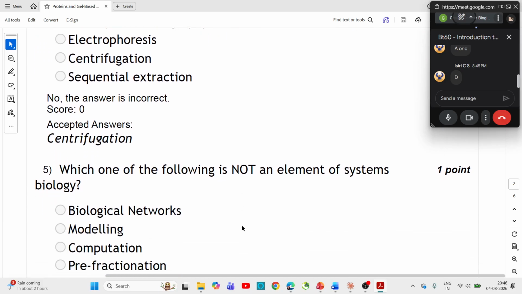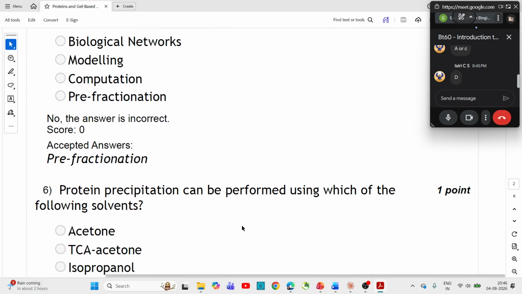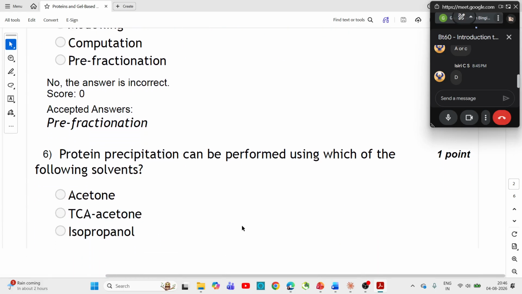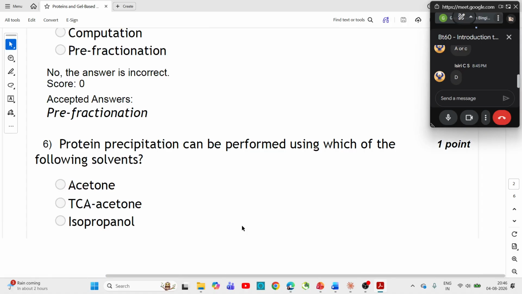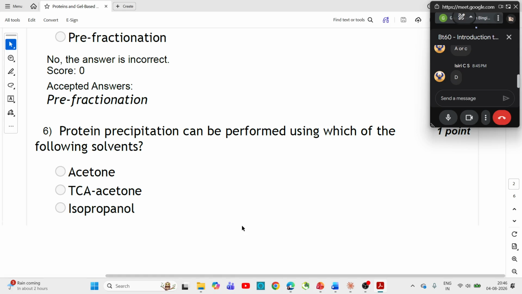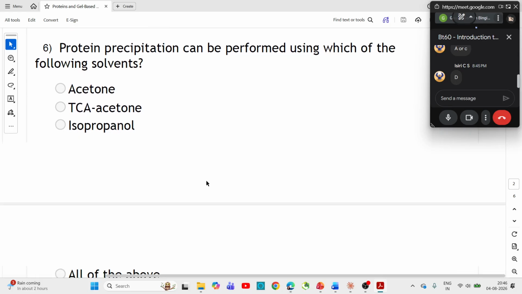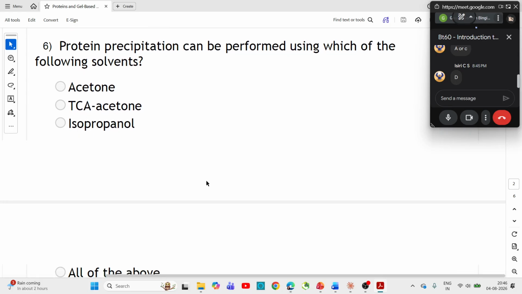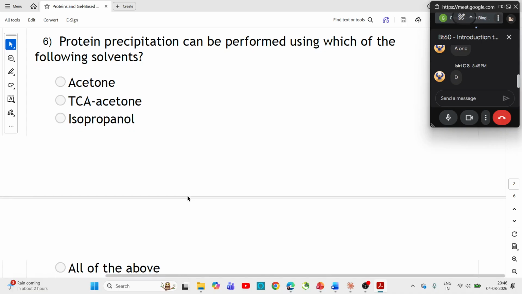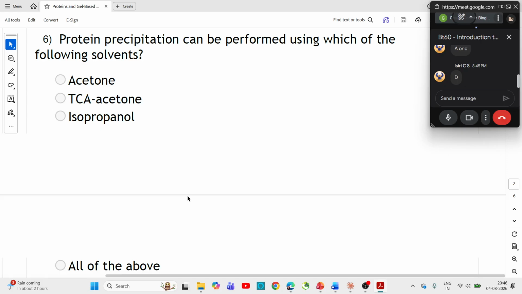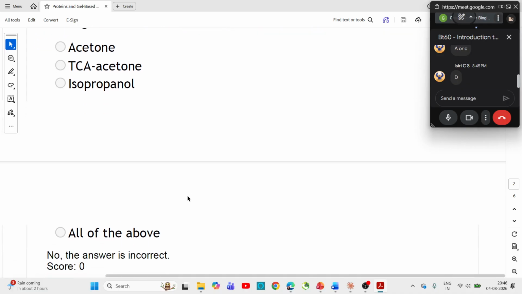We haven't done systems biology in this lecture, so I can skip that. Protein precipitation can be performed using which of the following solvents, or all of the above? It's all of the above.